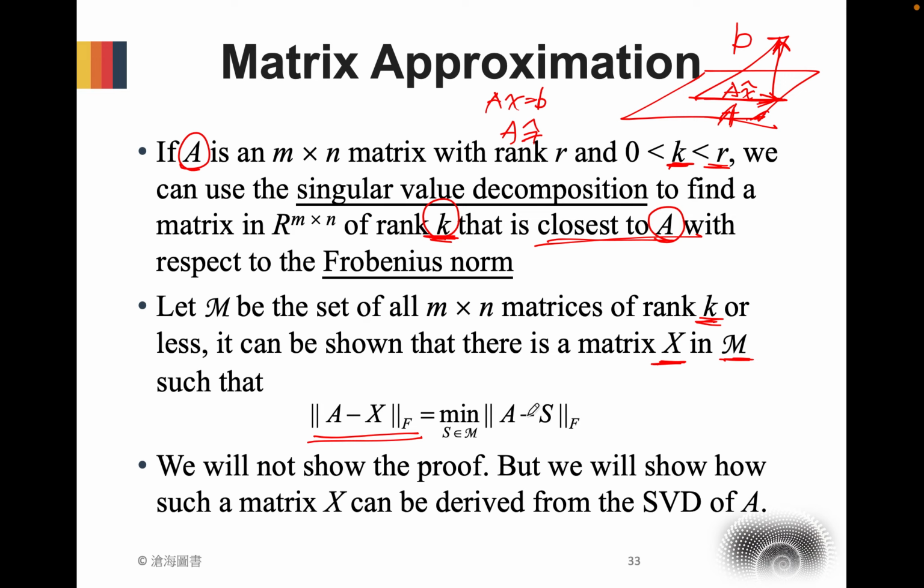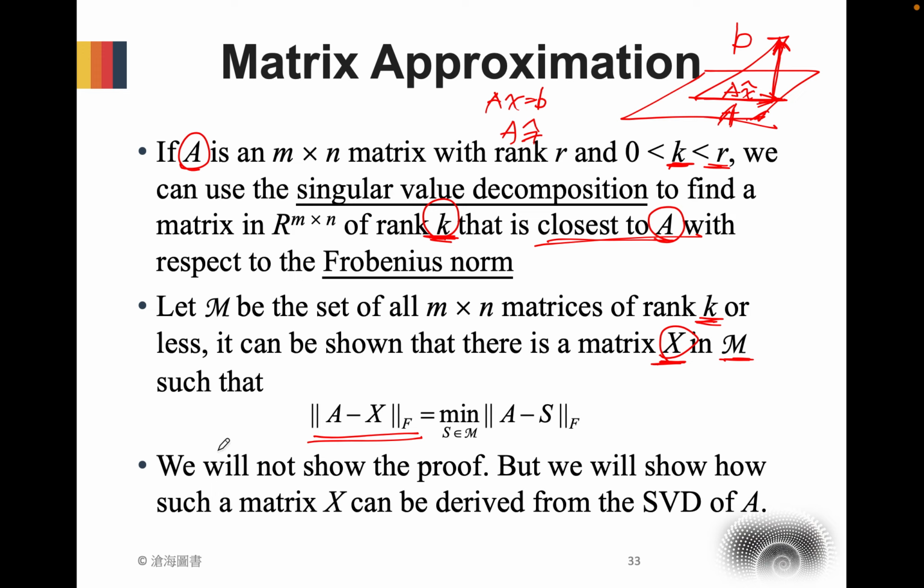So we always can find a matrix X that has the minimum Frobenius distance to the matrix A. Just like the least squares solution, we can find a unique least squares solution such that A x hat is closest to the vector b, right?